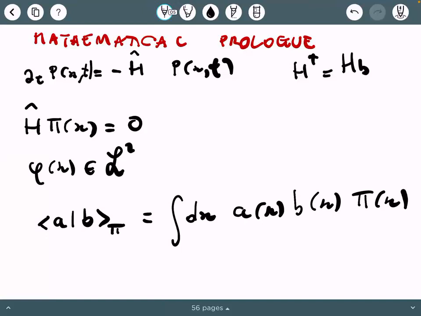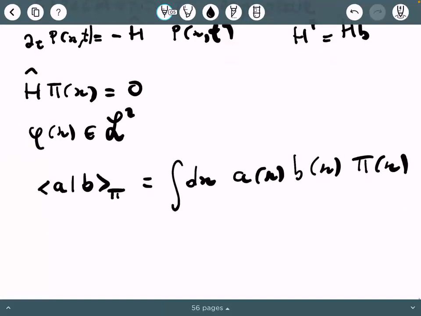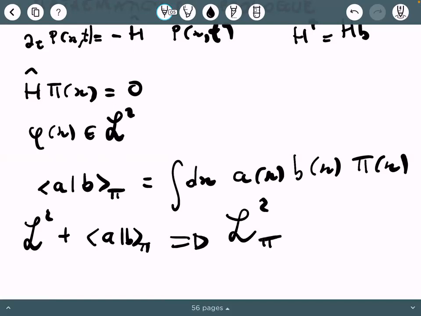And I will call the space of L2 equipped with this inner product L2 pi, just for us to have in mind, okay? So this is a linear space of functions with this inner product.